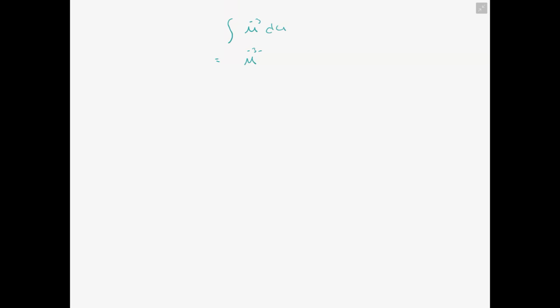So we got u to the -3 plus 1 over -3 plus 1 plus c, equals u to the -2 over -2.